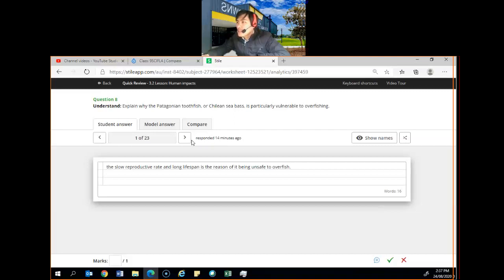What that means is it takes very long for the fish to reproduce, or if they do reproduce, they don't produce that many baby fish to repopulate.